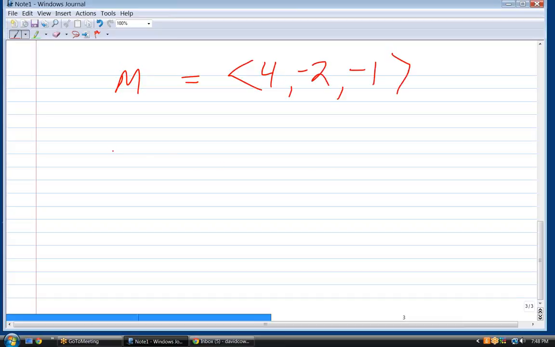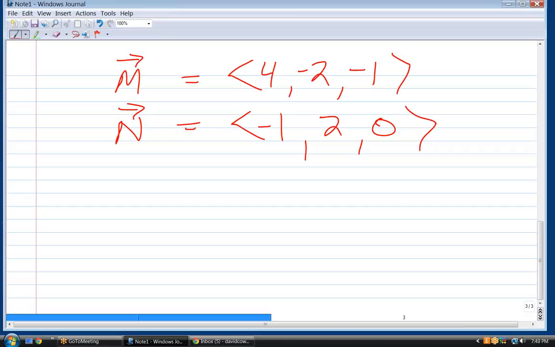And then N, -1, 2, and 0. It says find the positive vector of M relative to N, which is a subtraction process.